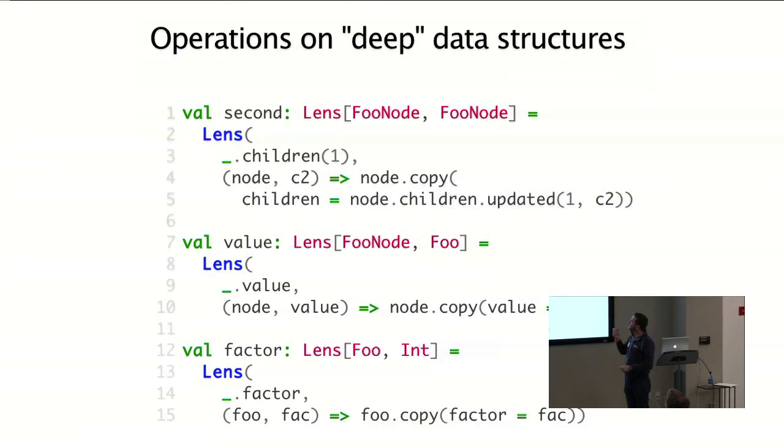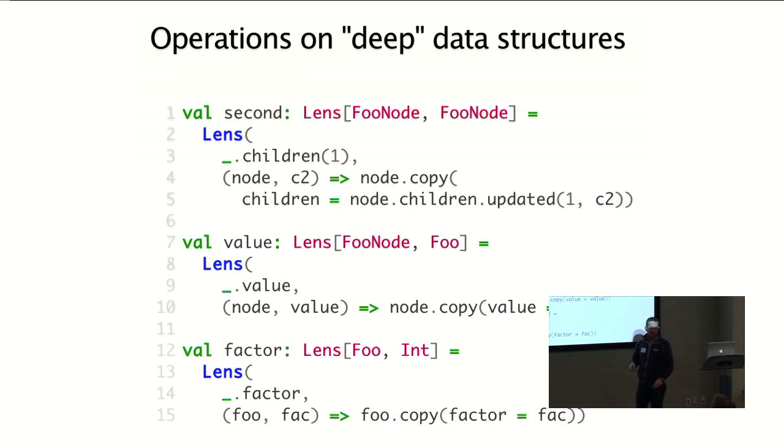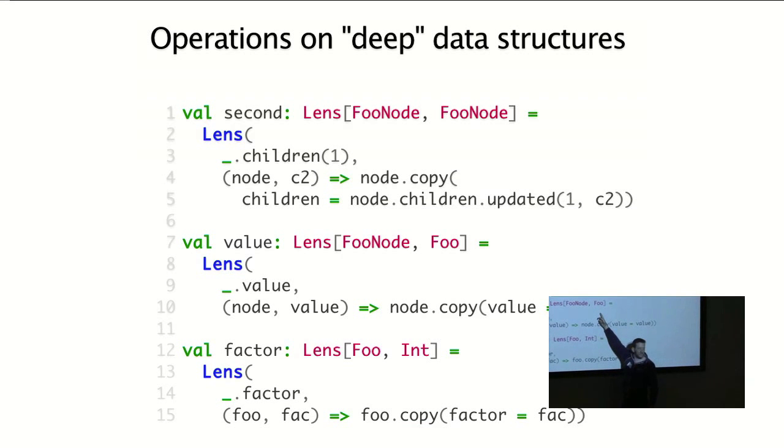And if you stand back and look at what this is, well, the first argument to the lens constructor is like a getter. So the underscore is probably the node, and then it just calls children(1), which gets the second child. So that's the getter. Just like if I had a node and I want to get the value of it, which is of type foo, because the node contains a foo, I just pull the value out.